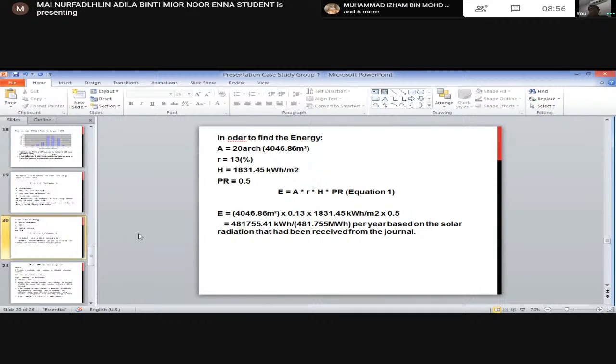H is the annual radiation that we get from the journal that Izam has told us about in the result. The energy produced from the specification is 481.755 megawatt hour per year, based on the solar radiation that we get from the journal.